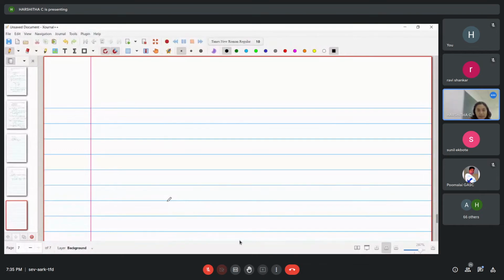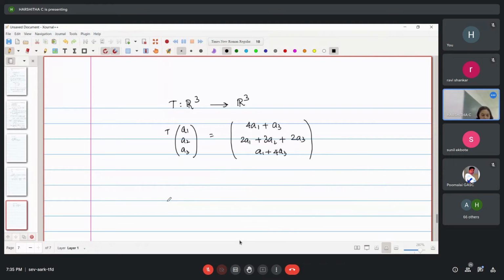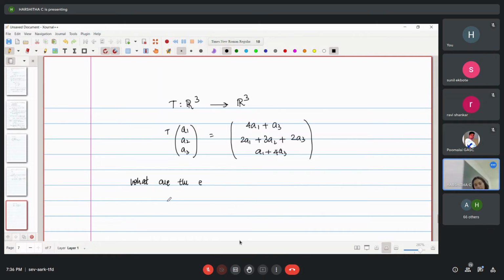We have a linear transformation from R3 to R3, P of (A1, A2, A3) is 4A1 plus A3, 2A1 plus A2 plus... So the question is, what are the eigenvalues of P and what are its corresponding eigenspaces?